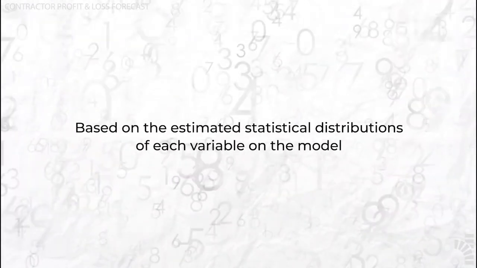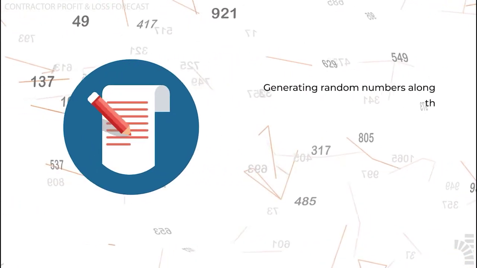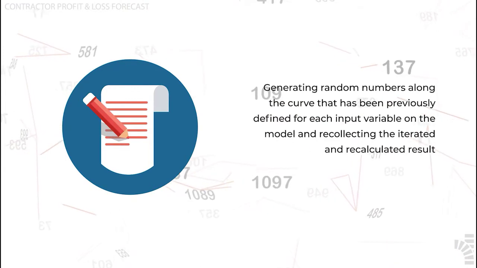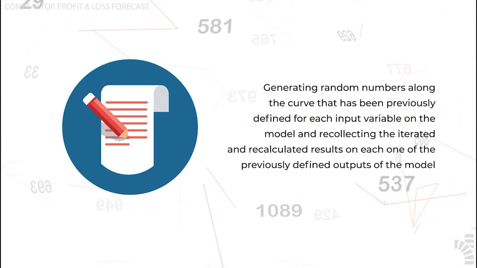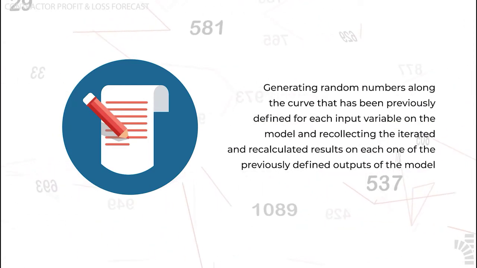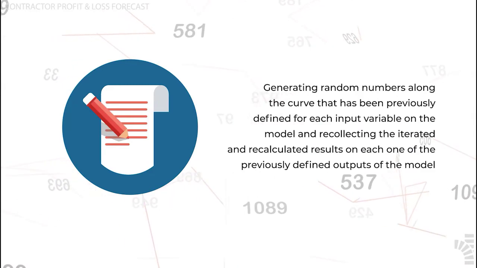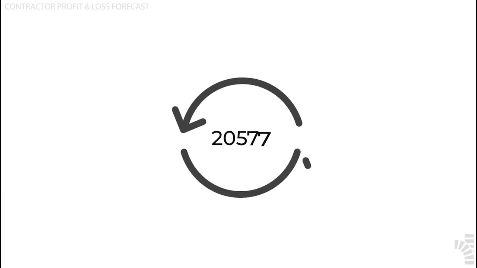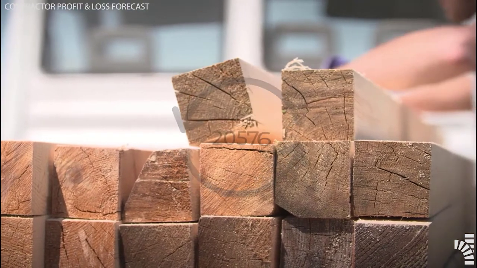Simulating means generating random numbers along the curve that has been previously defined for each input variable on the model, and recollecting the iterated and recalculated results on each one of the previously defined outputs of the model. In other words, the Monte Carlo simulation process run by @RISK calculates results over and over, each time using a different set of random values from the probability definitions defined for the input variables.